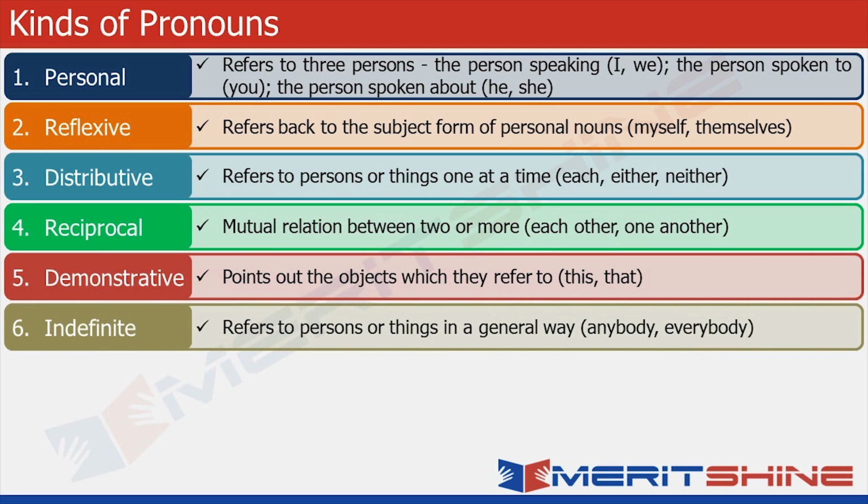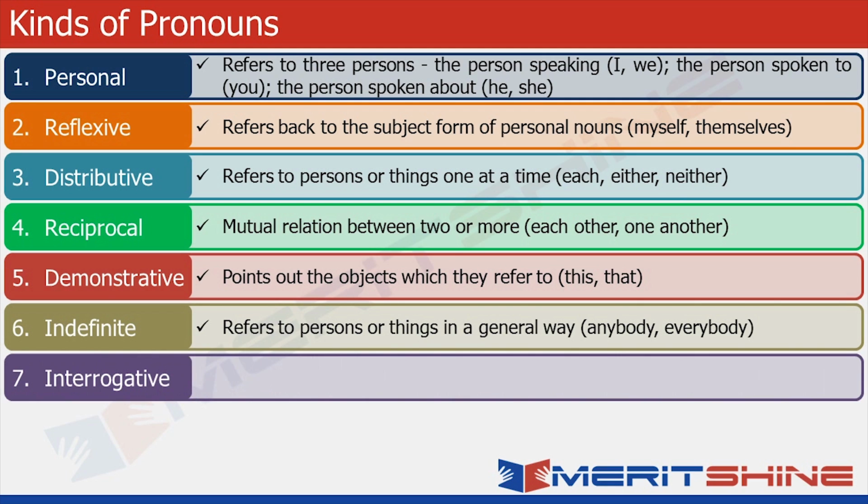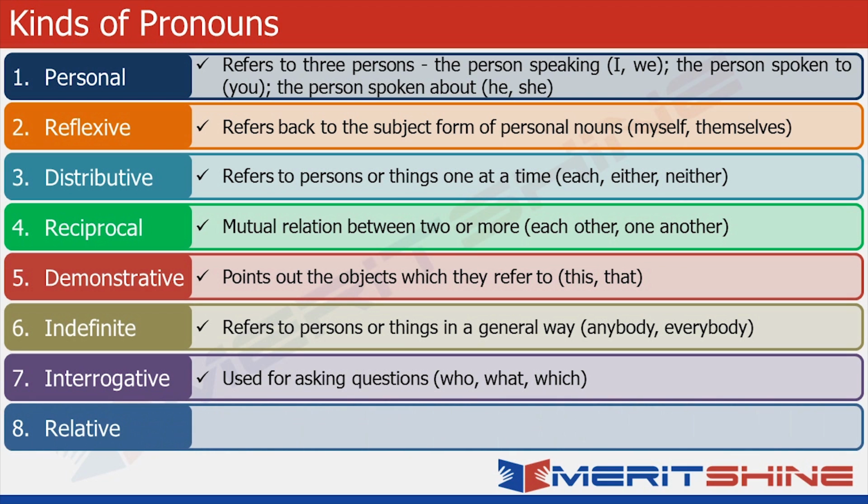Indefinite pronouns such as anybody, everybody refer to persons or things in a general way. Interrogative pronouns such as who, what, which are used for asking questions. And finally, relative pronouns such as who, which relate to the noun which comes before it in the sentence.